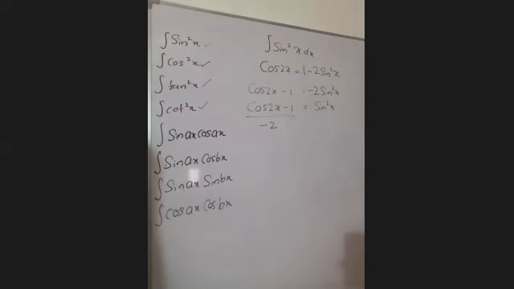So if you do this, it turns into 1 over 2 minus 1 over 2 cos 2x, which equals sine squared x. Then instead of sine squared x, I can replace it with 1 over 2 minus 1 over 2 cos 2x dx.